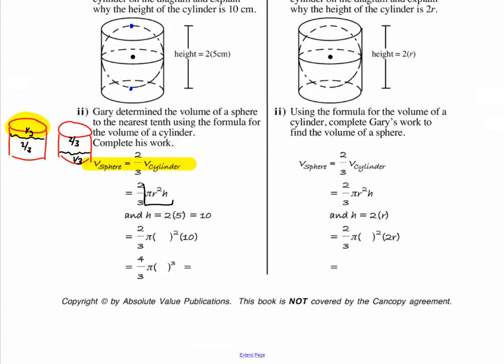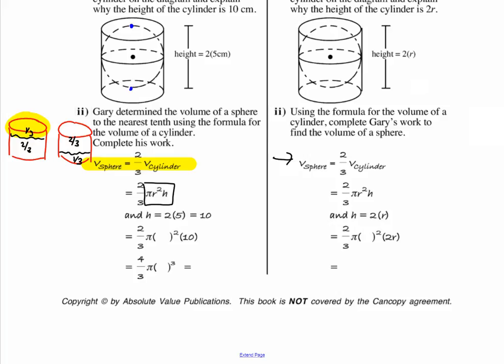But with our sphere, do we have a height? Well, it's the diameter, right? The height of a sphere is the same thing as the diameter, or 2 times the radius. Let's go over here to this example.